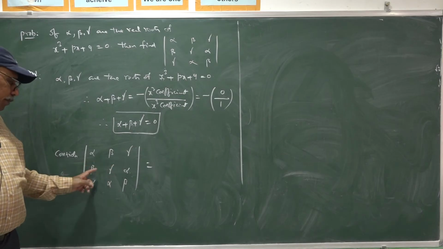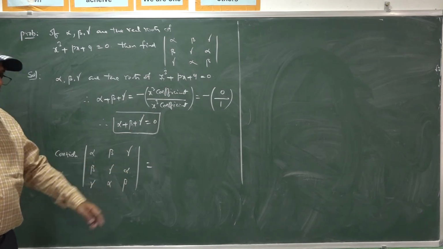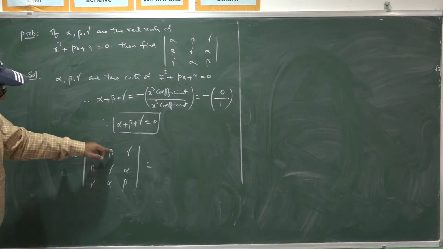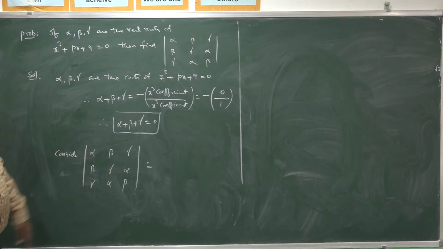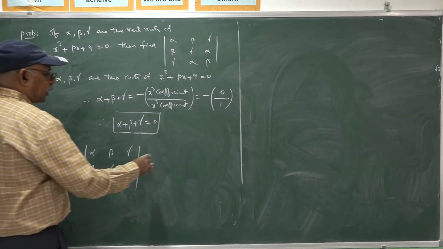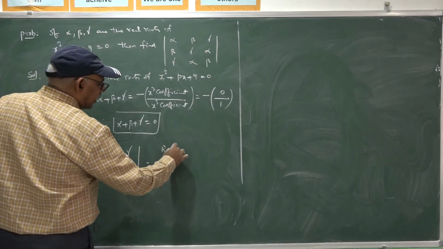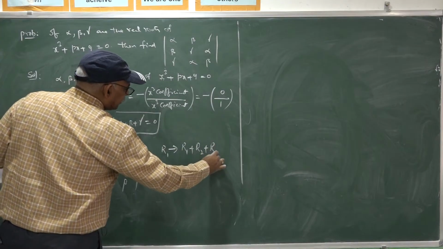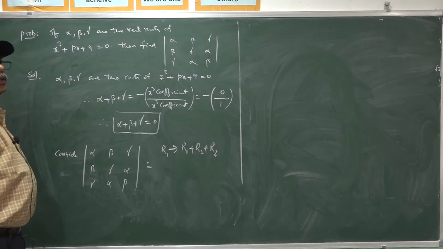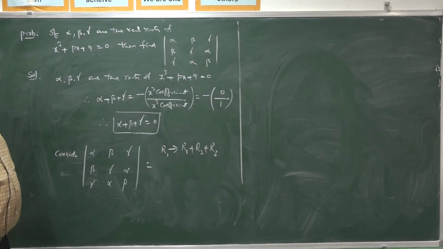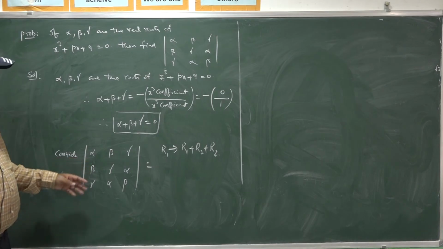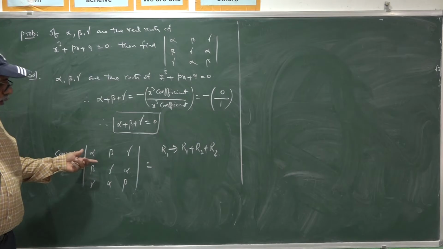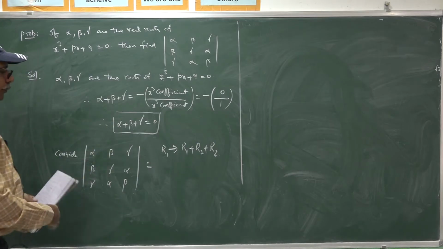Adding these elements row wise, that means taking R1 goes to R1 plus R2 plus R3. I am adding the corresponding elements of the rows and writing that value in R1.